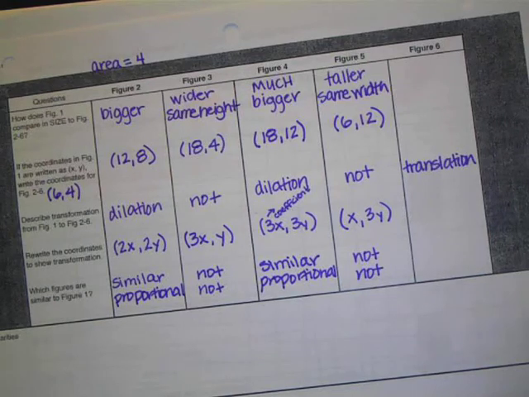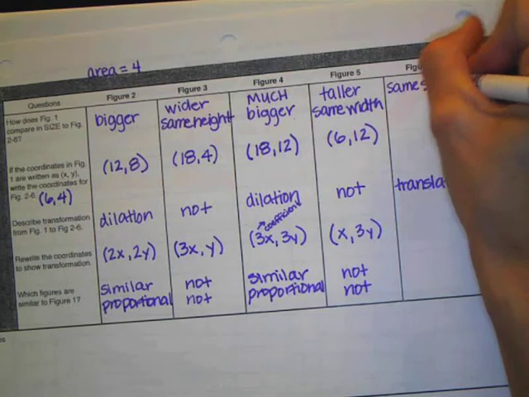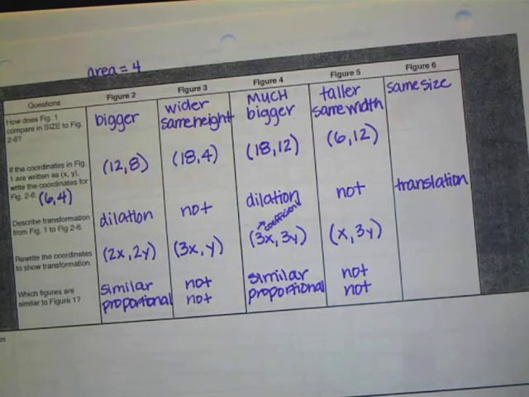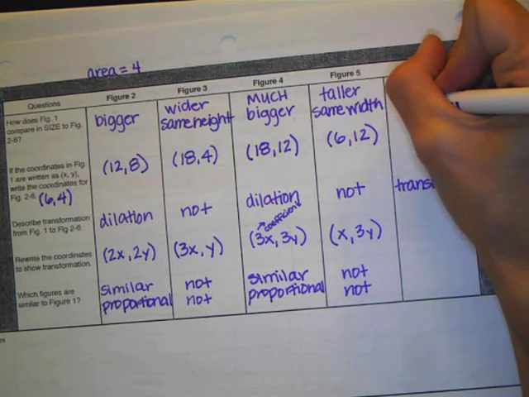So am I moving to the right? Right and up. So basically it's the same size, which is true of a translation. A translation won't change the size. The only thing that changes the size is the dilation. Aaron just looked at it and he said it moved right and it moved up.